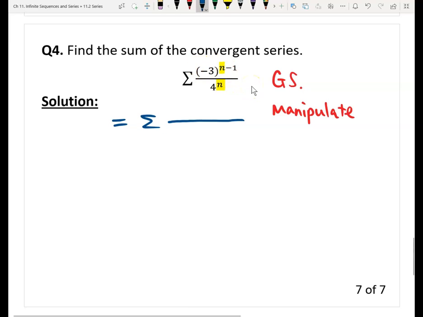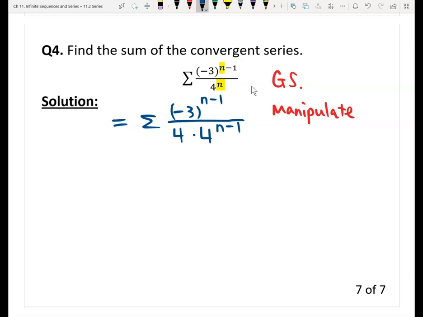Why? Because remember, in the formula, the power of the general term is n minus 1, right? So we still keep this n minus 1. And for the denominator, I will break it down into 4 times 4 raised to the n minus 1 power.